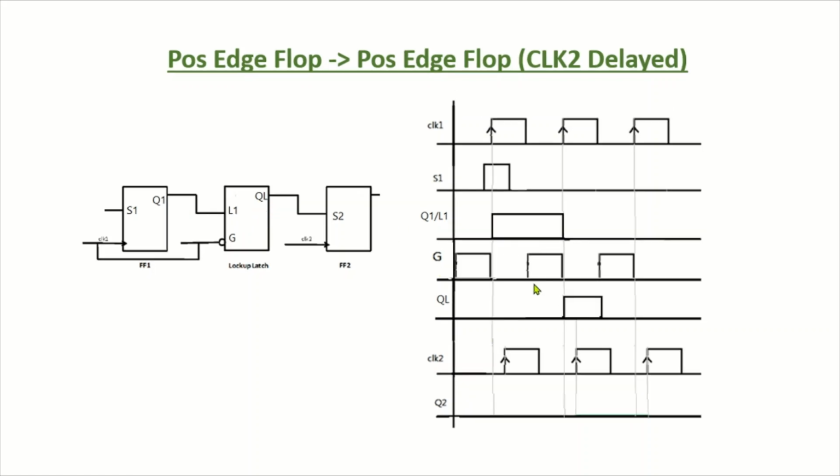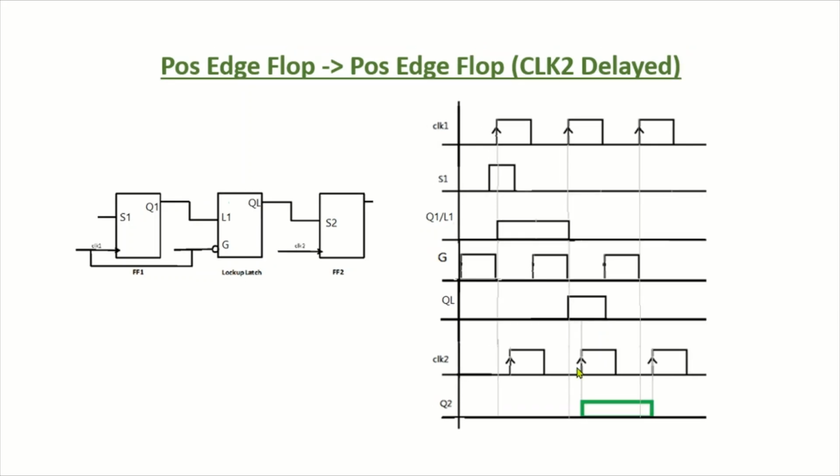When the latch output is fed at the L1 port, it captures the Q1 data and provides the off-cycle delay. When it provides the off-cycle delay, clock 2 will capture the QL data and give the output as Q2, and the data of S1 is captured at the second flop.